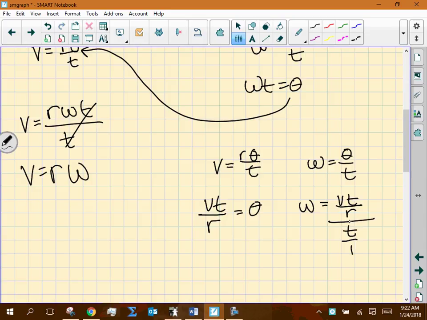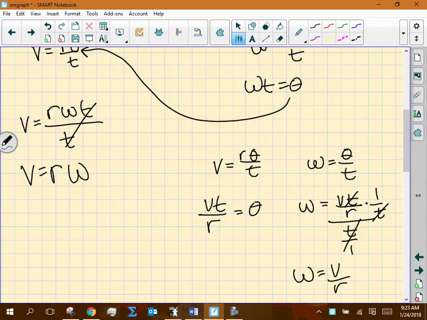It's going to get the same result, but the algebra is a little bit more complex here. Multiply by the reciprocal of 1 over t, and now that t and that t cancel. So it leaves me omega is equal to v divided by r, which is perfectly fine. Omega is equivalent to your linear velocity divided by your radius.